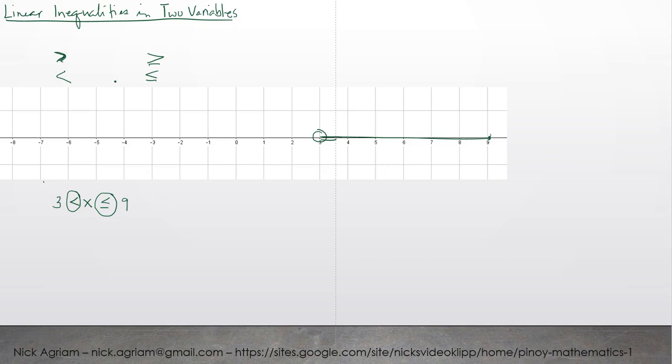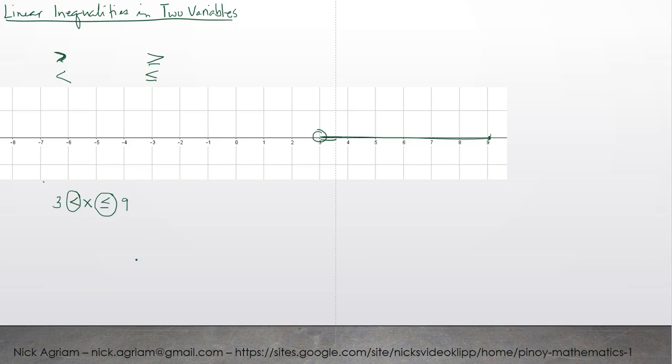So when we have just the greater than or just the less than, then the number is not included. But if we have greater than or equal or less than or equal, then the number itself is included.